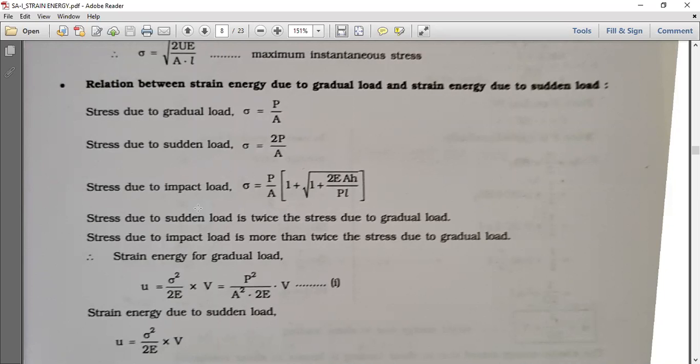These are the equations we need to memorize. Stress due to sudden load is twice the stress due to gradual loading. Stress due to impact load is more than twice the stress due to gradual load.